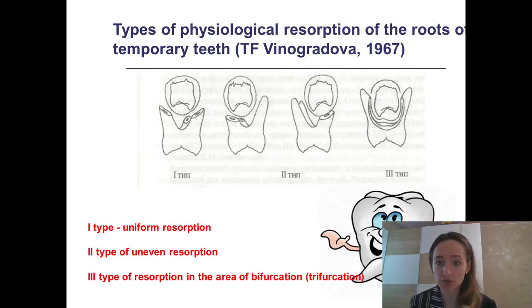Types of physiological resorption of roots of temporary teeth, you can see 3 types. First type, uniform resorption of all 3 roots. Then uneven resorption, only one root. And the third type is resorption in the area of bifurcation.